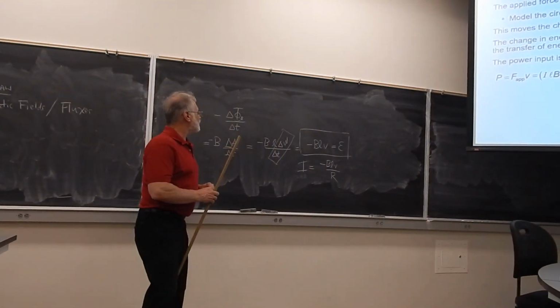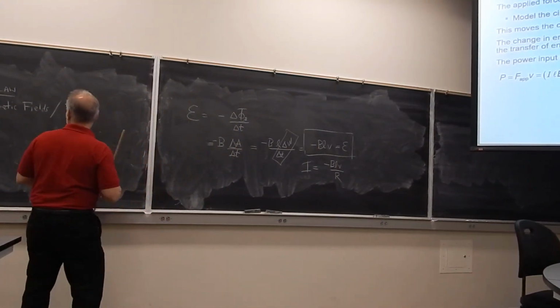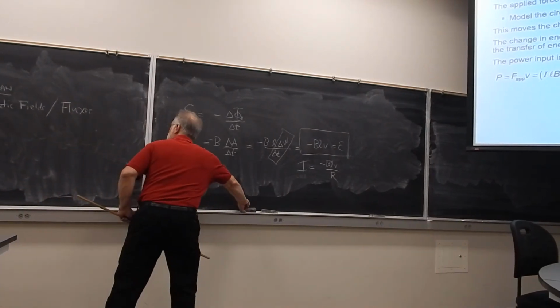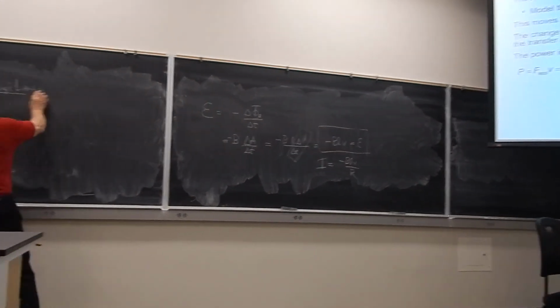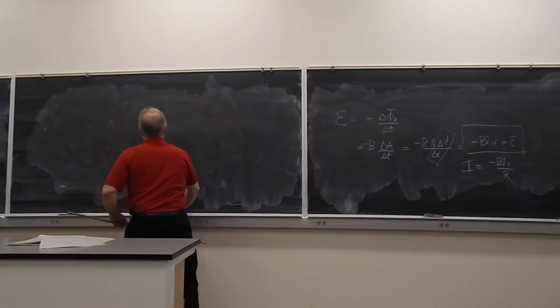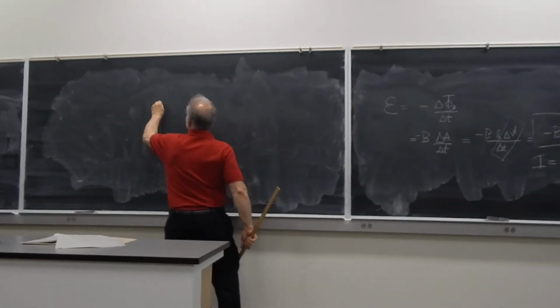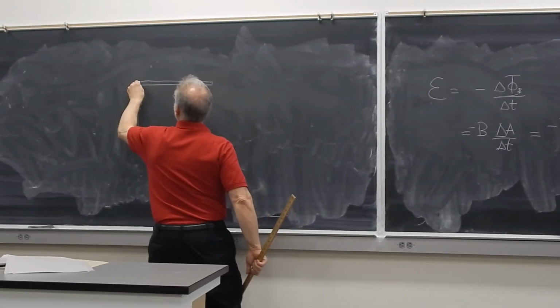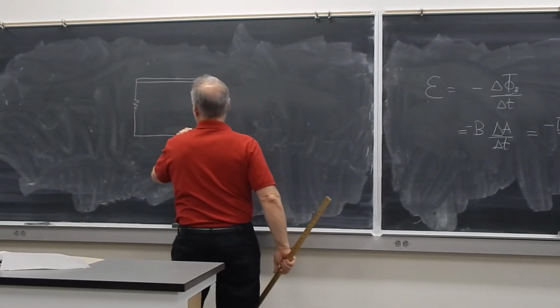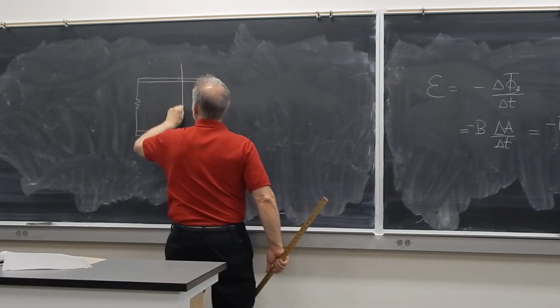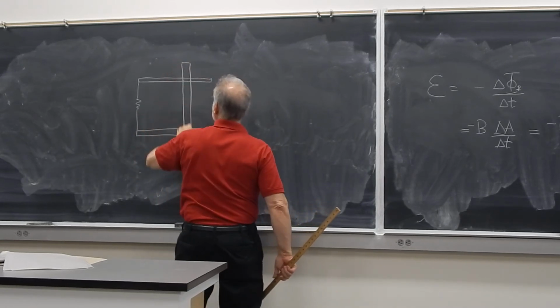Let's talk about some of the ramifications of this. So suppose we reproduce that diagram. We have a resistor here, two conducting rails and a conducting bar.